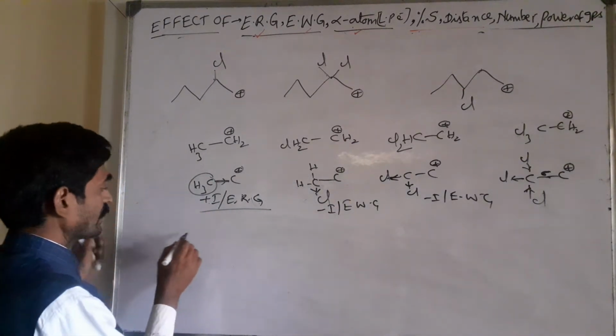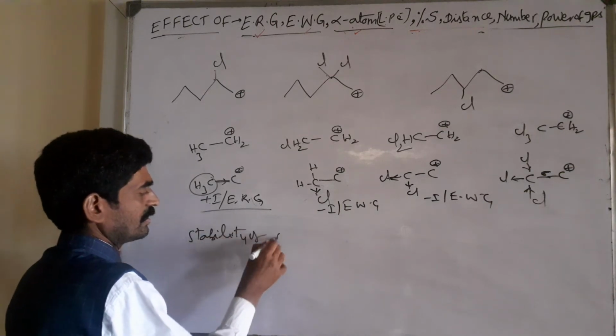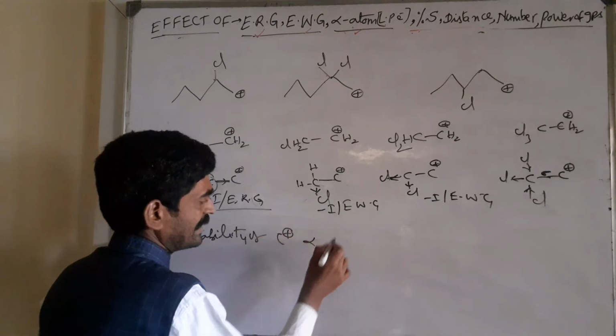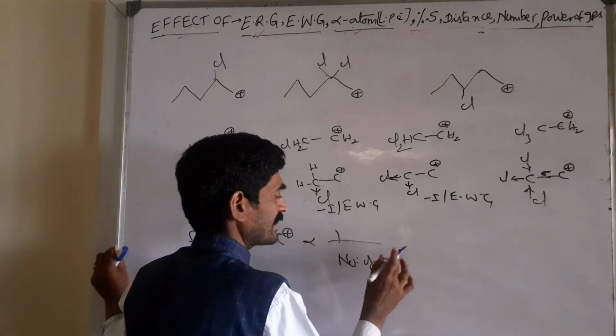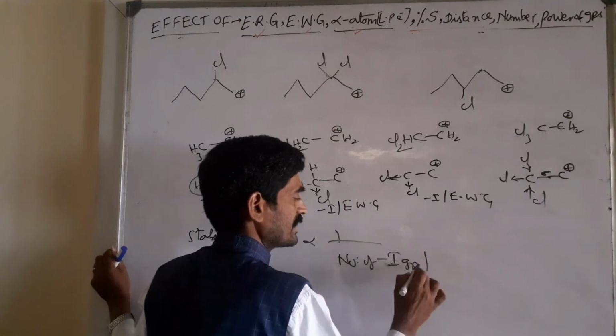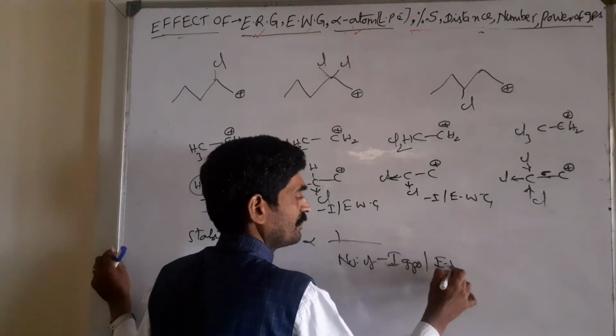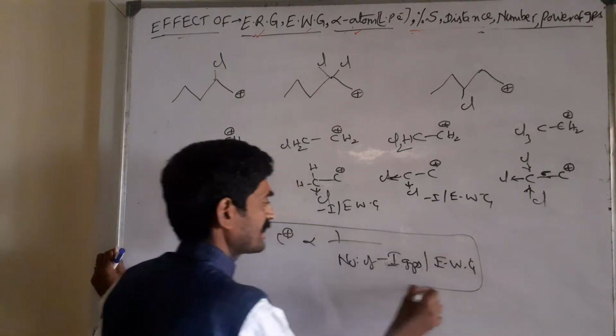Now what conclusion do we get? The stability of carbocation is inversely proportional to the number of minus I groups, that is, the number of electron withdrawing groups. Is it clear?